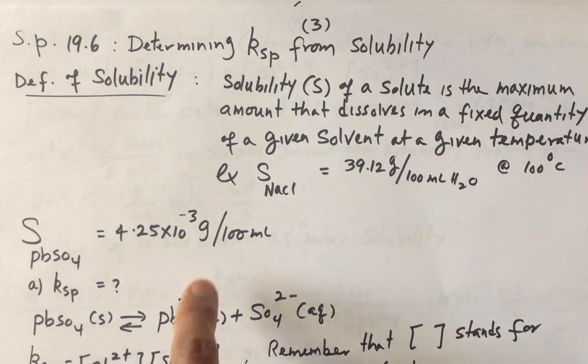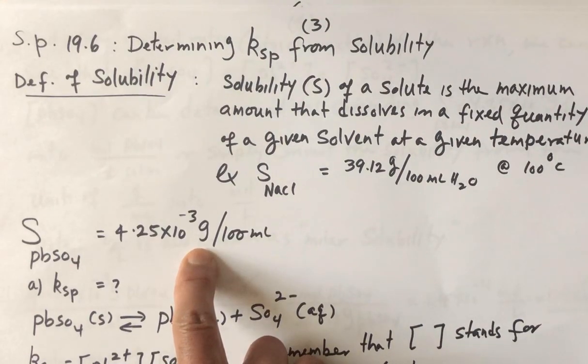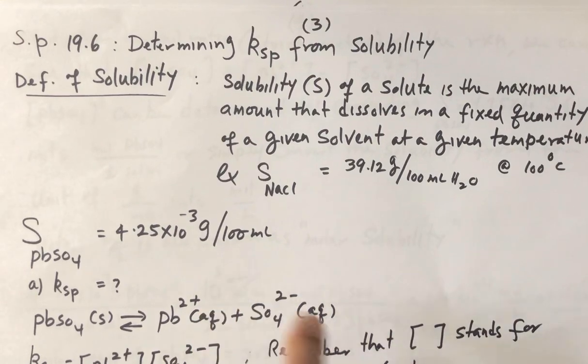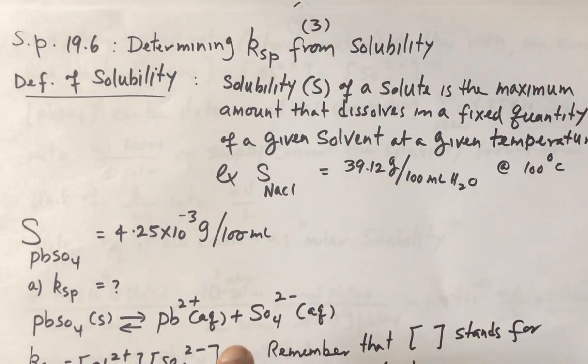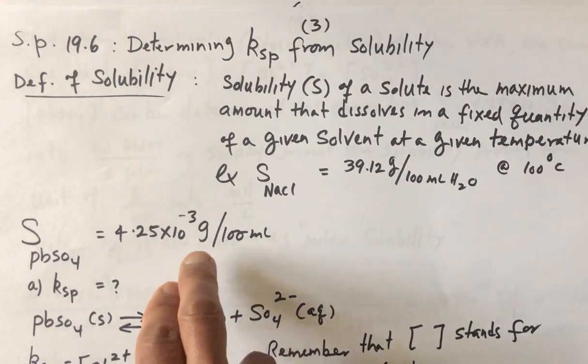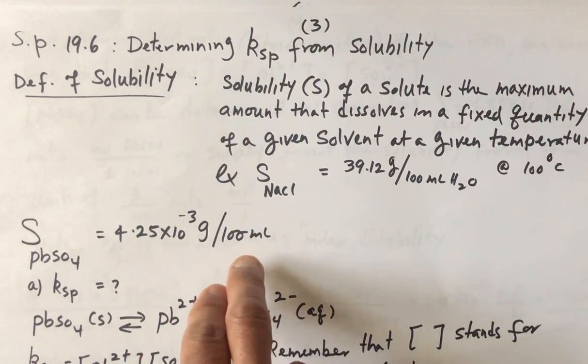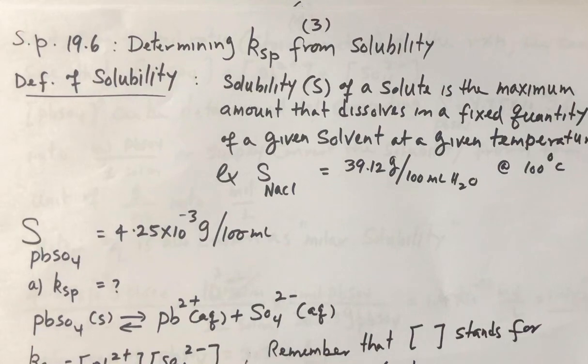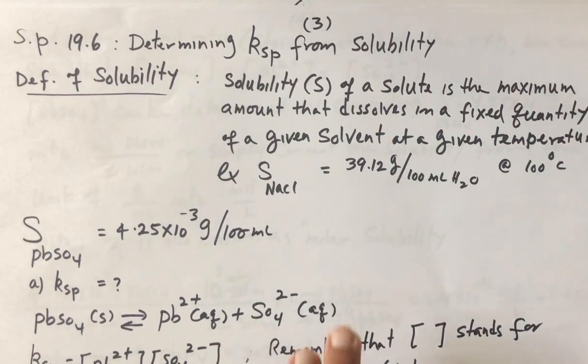Now, what we have is the grams of PbSO4 per 100 milliliters of solution. In the next slide, you'll see that we can convert the grams per milliliter of solution to moles per liter, or in other words, to molar solubilities.